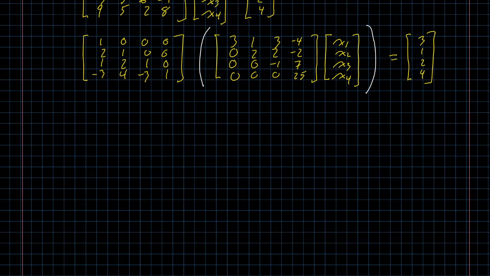Multiply a square matrix times a column vector, you get another column vector of the same dimension.